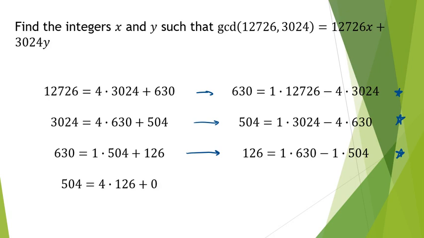I'm going to start with my last row, and then we'll see as we go through this problem, I'm going to use the next row up, combine things, simplify, then use the next row up, combine things, simplify. But you always start with the last row.